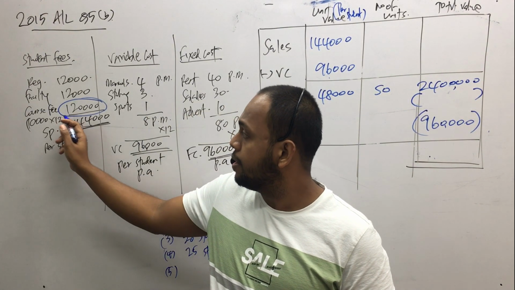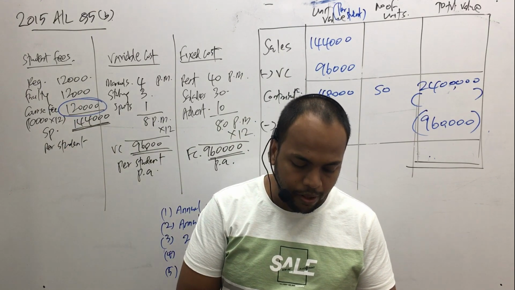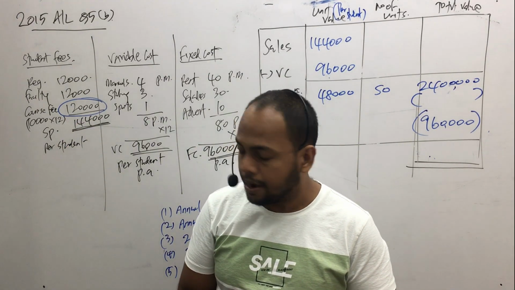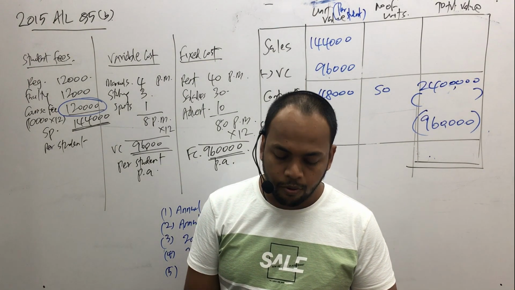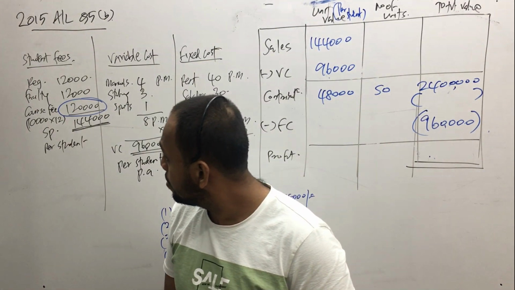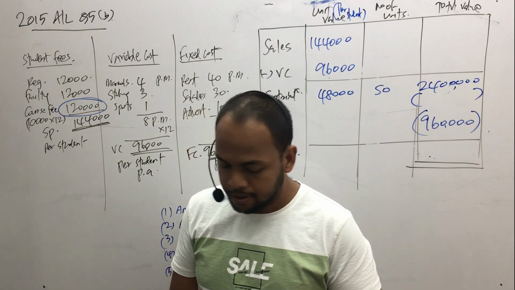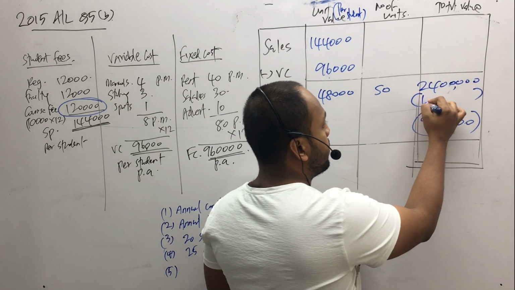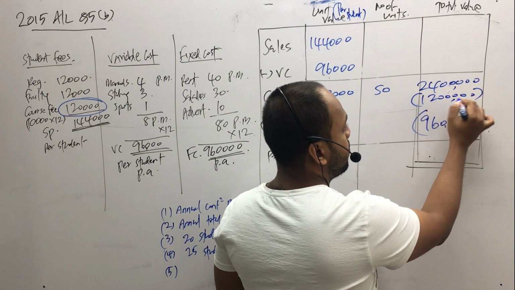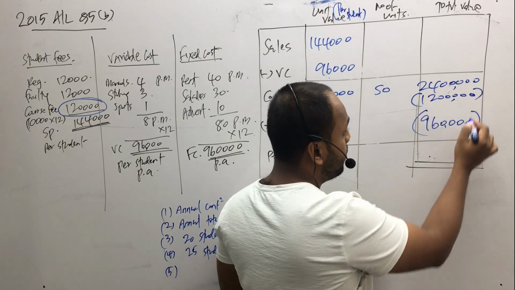So course fee per student is 120,000, and we are not getting course fee of 10 students, which is 1.2 million. Right?